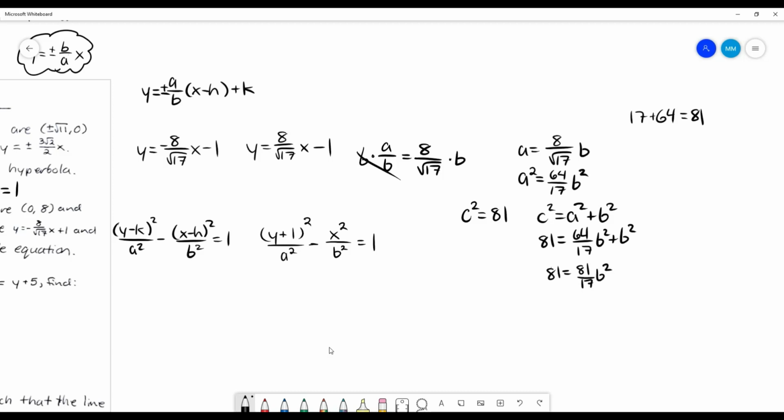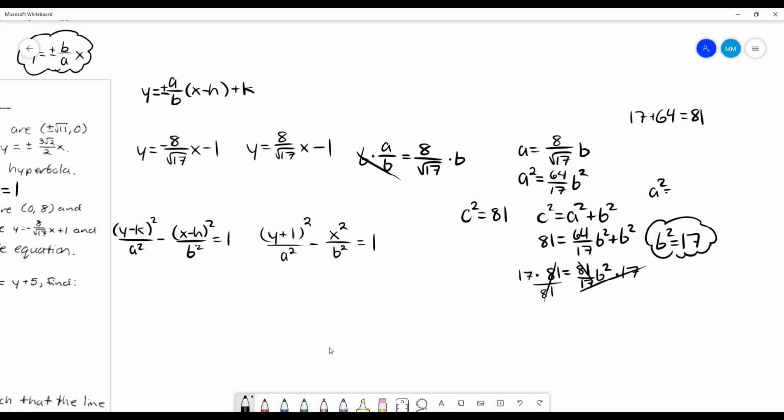So 81 equals 81/17 b squared. So that's going to mean that if we multiply off that 17 to cancel there and divide both sides by 81, which cancels there, we get b squared equals 17, which means that a squared is then 64 over 17 times 17.